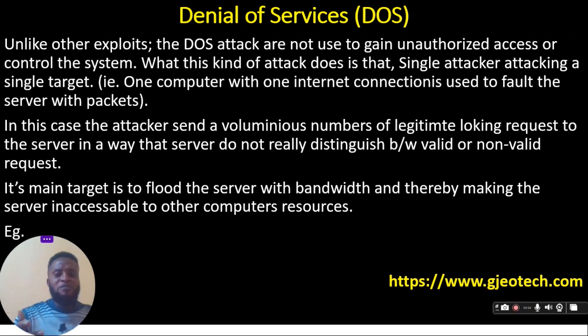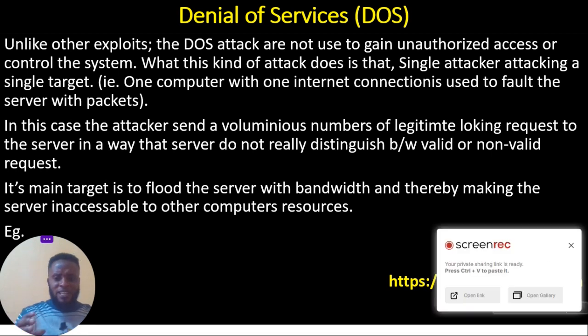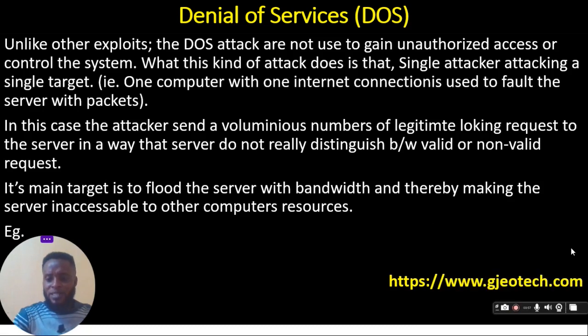But because this server has been flooded with legitimate looking requests, which are not legitimate, not valid, but sent in the form of legitimate requests, the server finds it difficult to distinguish whether this request is true or not, whether this request is valid or not.